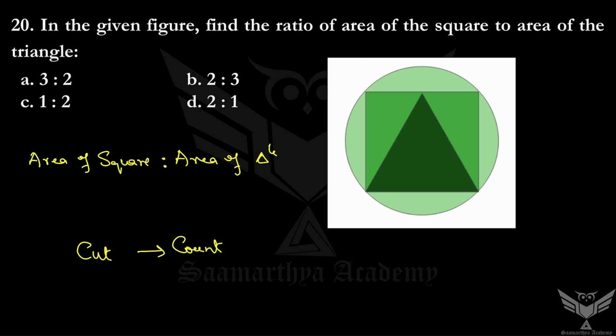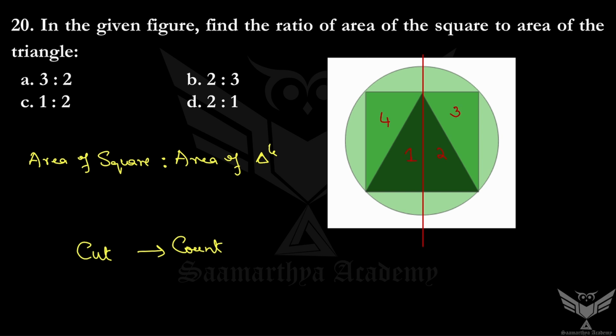Now clearly, if I cut this triangle like this, or cut that figure like that, how many equal pieces I got? 1, 2, 3, 4.